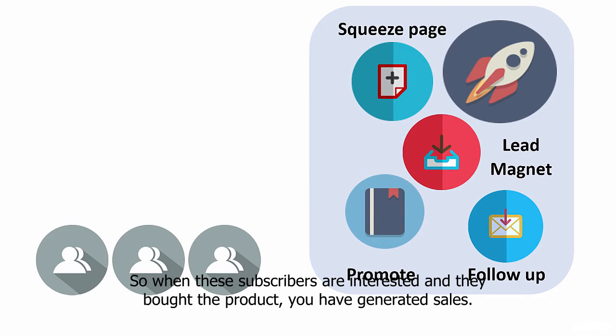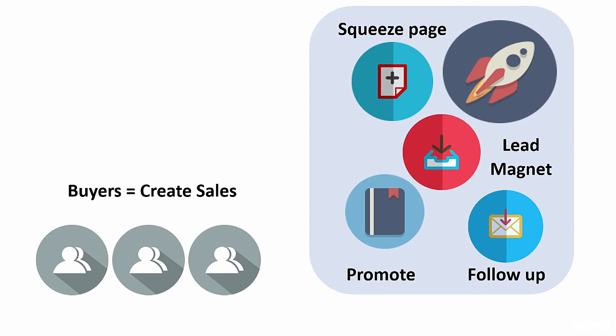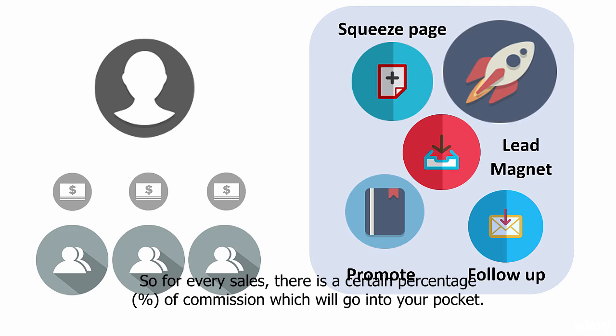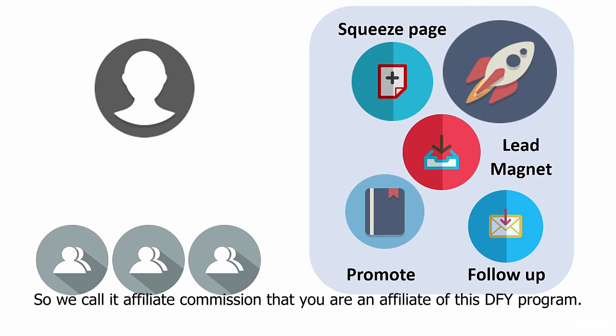When these subscribers are interested and buy the product, you have generated sales. For every sale there is a certain percentage of commission which will go into your pocket. We call it affiliate commissions, as you are an affiliate of this DFY program.